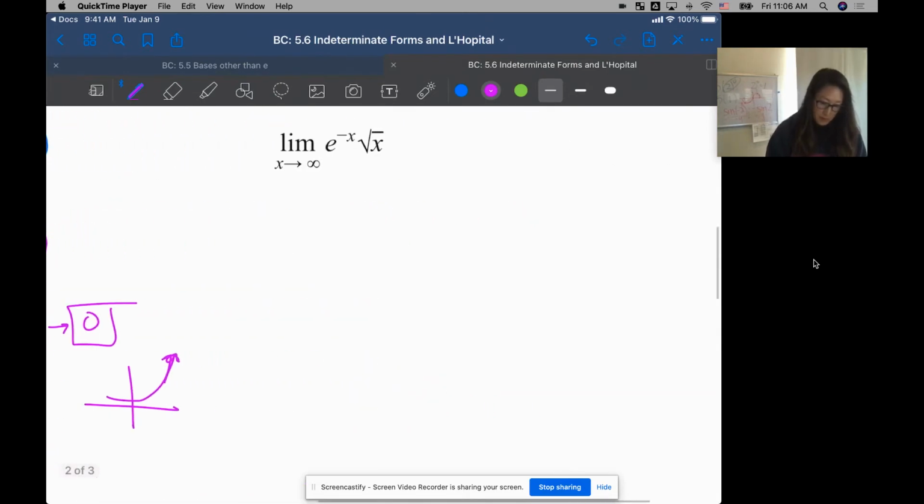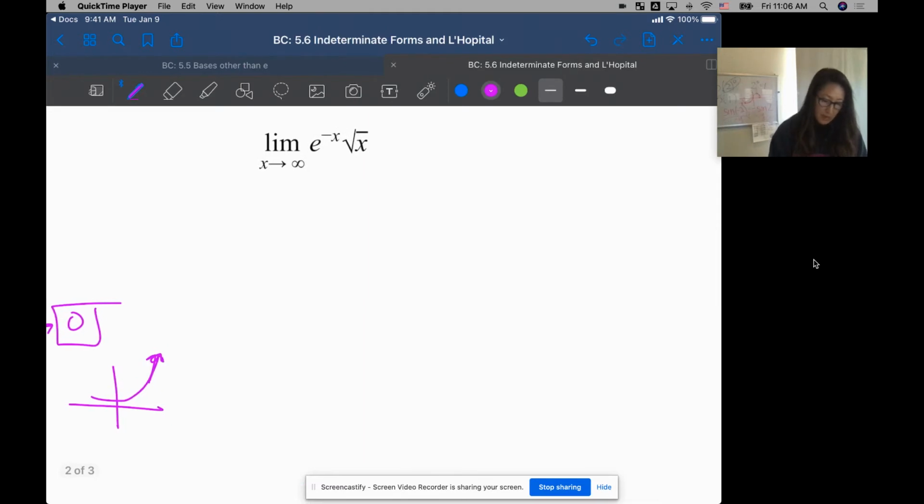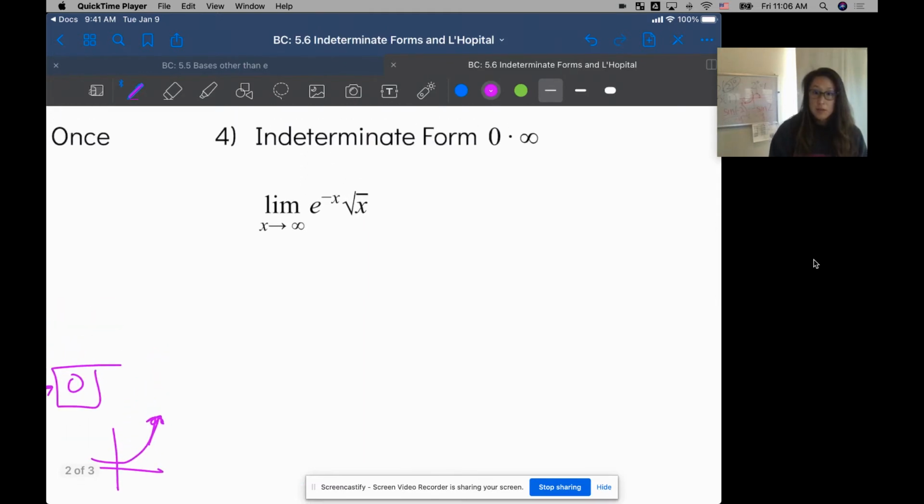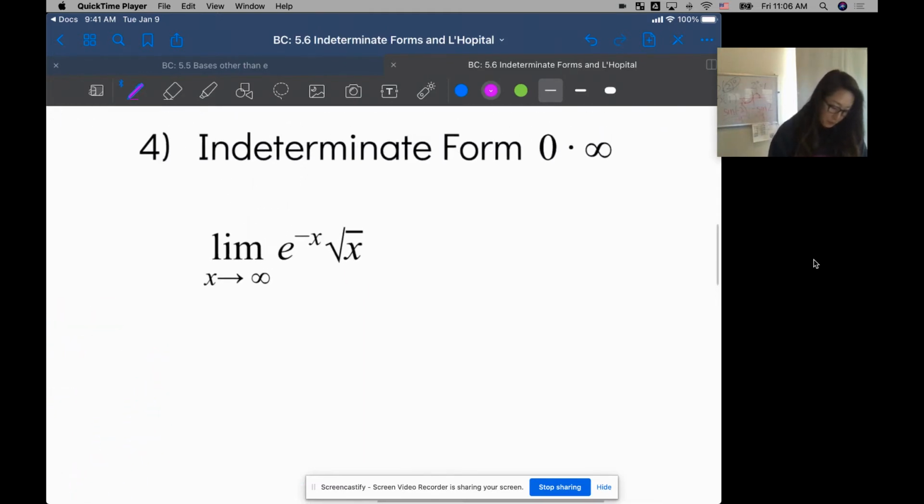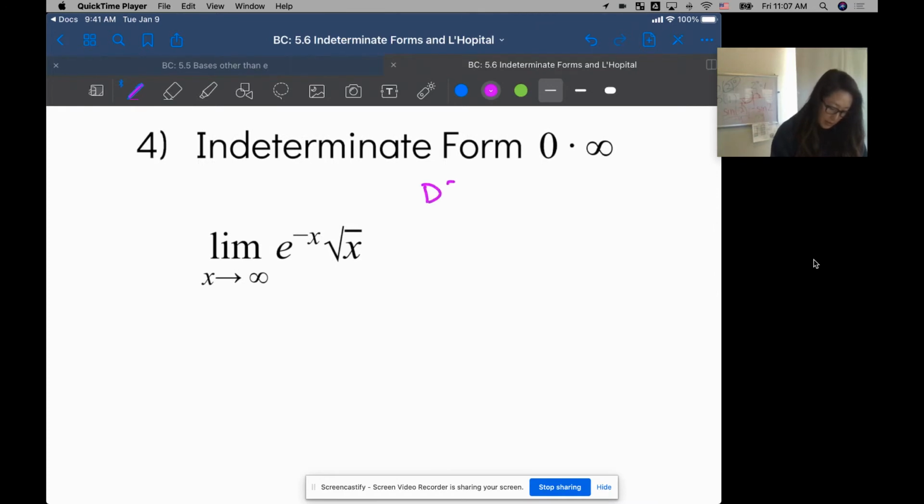All right. So this one is a different kind of indeterminate form, 0 times infinity. So we always have to try and direct substitute. So I'll go ahead and do that. This is e to the negative infinity times the square root of infinity.